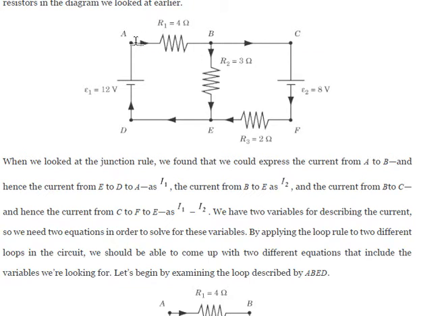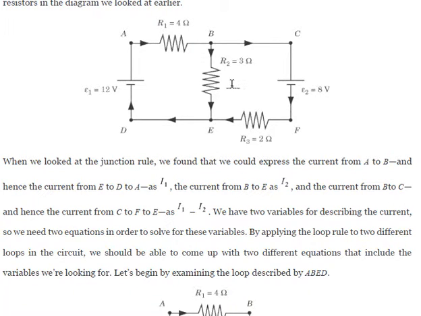And we said that the current that goes past A through R1 is I1. The current that goes from B to E is I2. And the current from B to C is I1 minus I2. So we've set up two different variables for describing the current, so we are going to need two different equations to be able to solve for the variables.